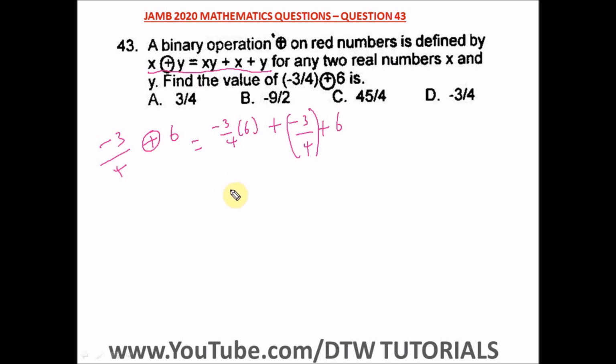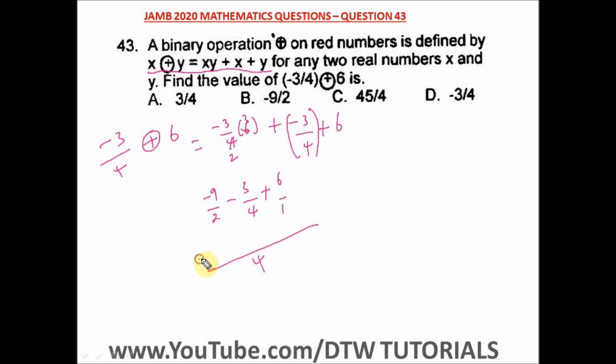So we have minus 9 over 2 minus 3 over 4 plus 6, let's call it over 1. Looking for the LCM, it is 4.